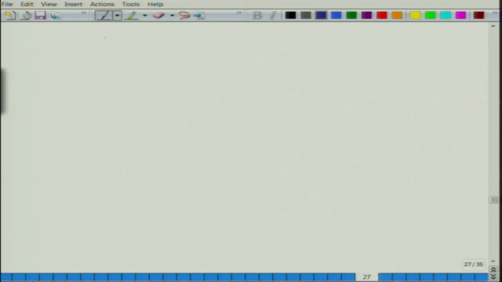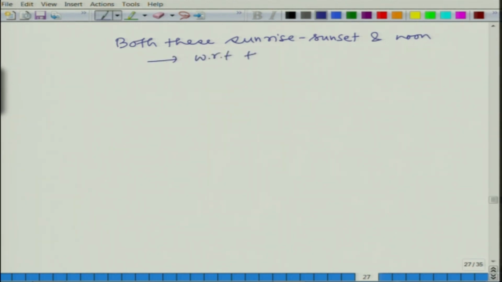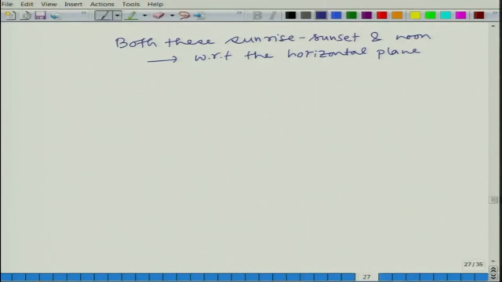Now, one thing, both these sunrise, sunset, and solar noon we have talked about with respect to the horizontal plane, right. We have assumed that we are on a flat ground or field and it is horizontal, and we want to see the sunrise sunset from there.